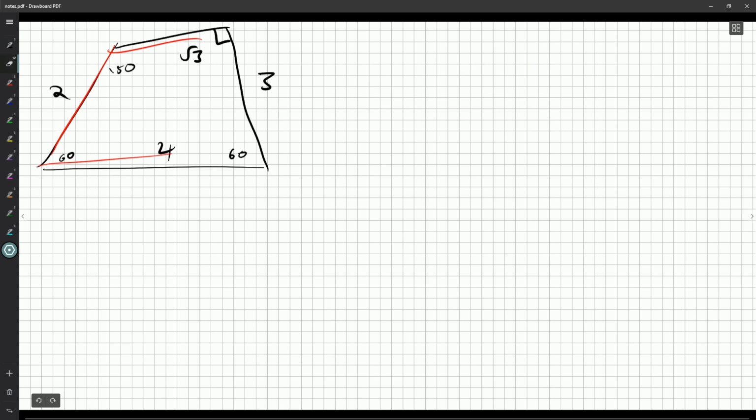So if I use 2 as my middle side, we get 2 over cotangent, half of 150 is 75, and half of 60 would be 30.